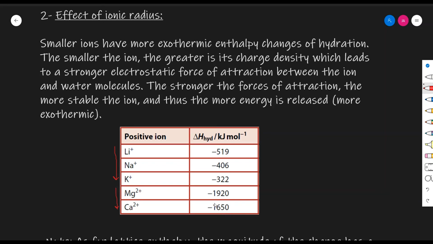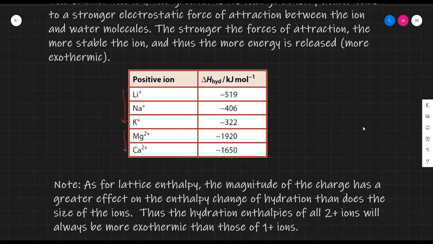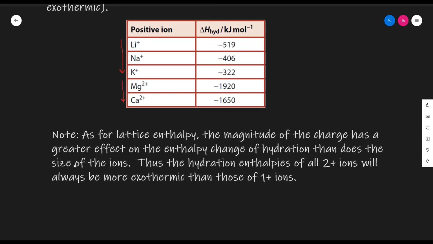When asked to compare or explain trends in enthalpy changes of hydration, as we discussed for lattice enthalpies, the magnitude of charge has a greater effect on the enthalpy change of hydration than does the size of the ions. Thus, the hydration enthalpies of all 2+ ions will always be more exothermic than those of 1+ ions, regardless of their ionic radius.